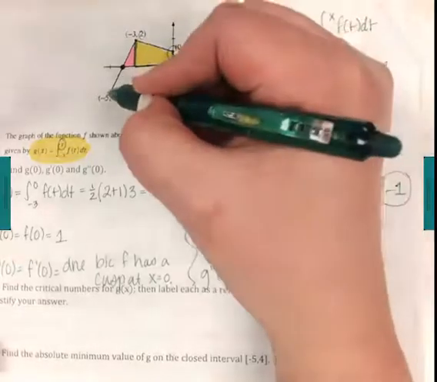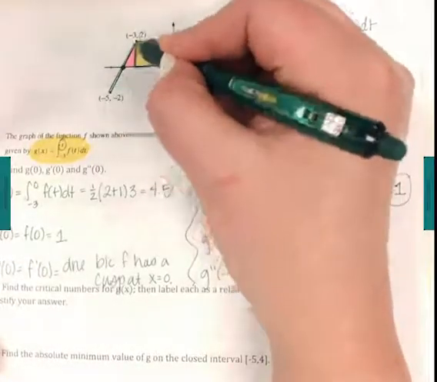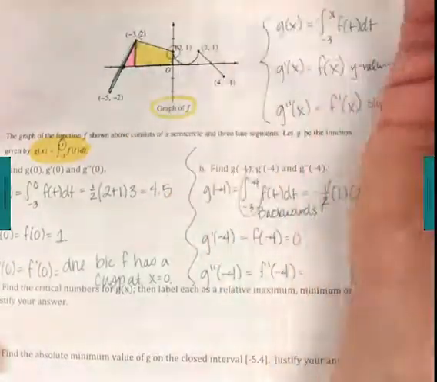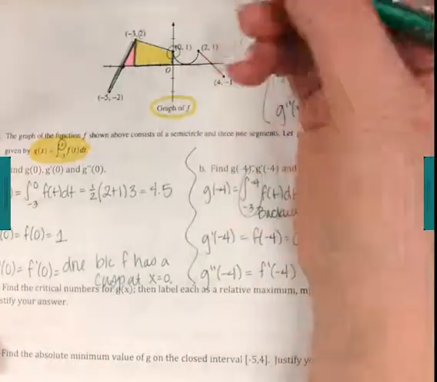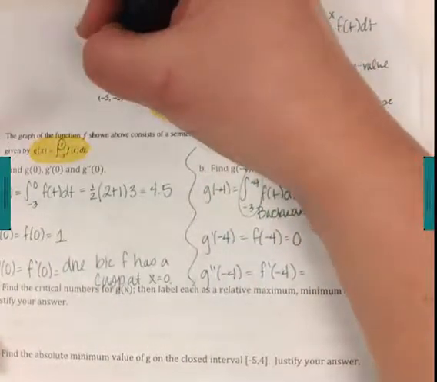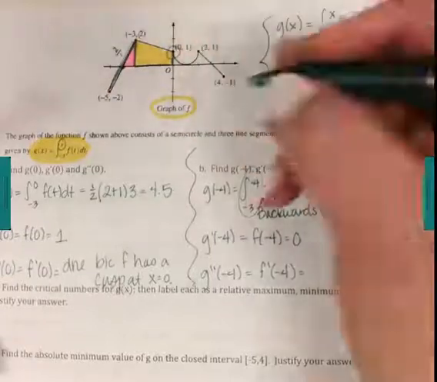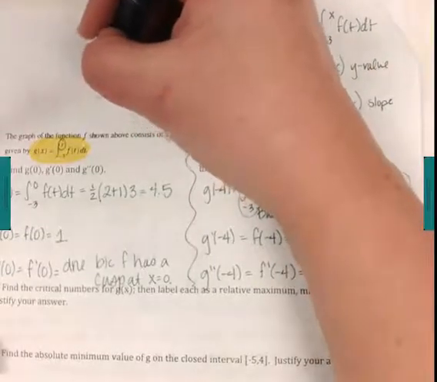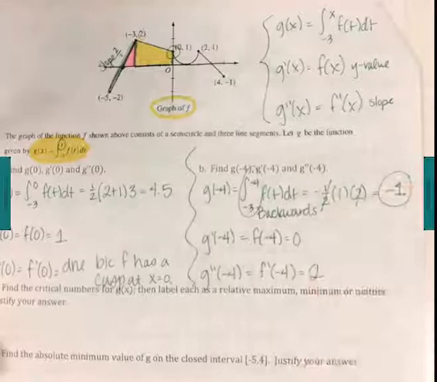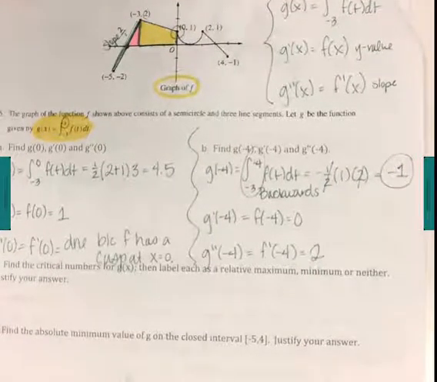So I look at this little line here and count the rise over run. My slope there would be 2 over 1. It would not be negative because it's uphill. All right, next question.